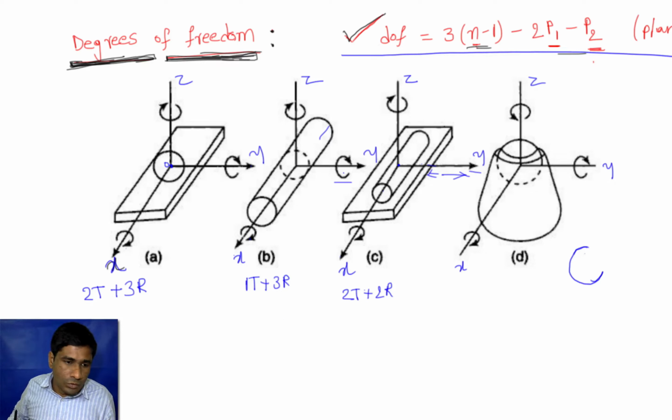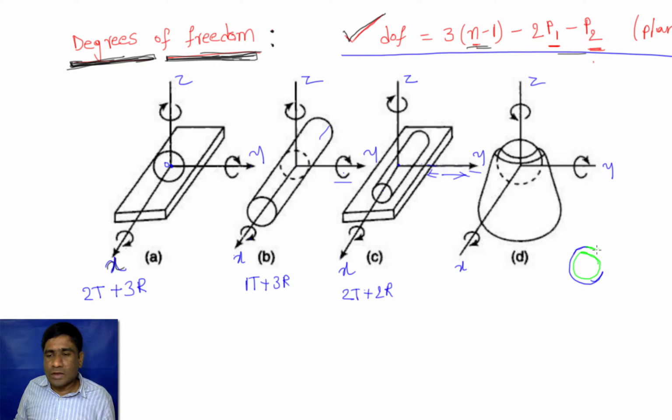Inside the groove we have a sphere like this, and the opening of the groove is such that it should be less than the diameter of the sphere. If the opening is more than the diameter of the sphere, then the sphere will come out. So that means this groove is holding this one, but the sphere is not attached, but it cannot come out of this one.